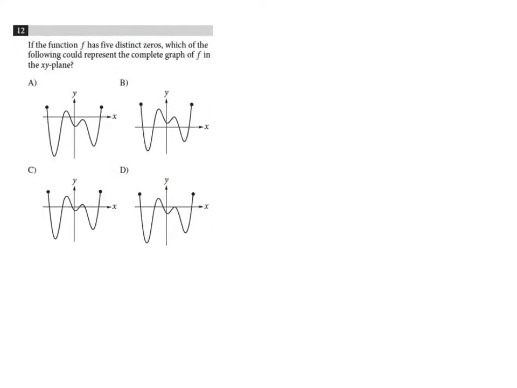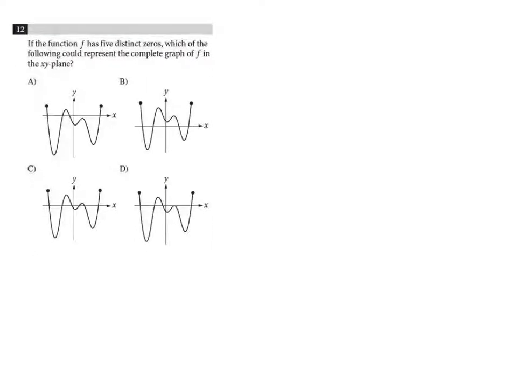Okay. If the function f has 5 distinct zeros, which of the following could represent the complete graph of f in the xy plane? All right, well, if it has 5 distinct zeros, that means that it crosses the x-axis in 5 distinct places.